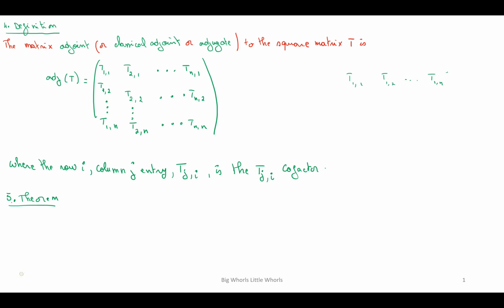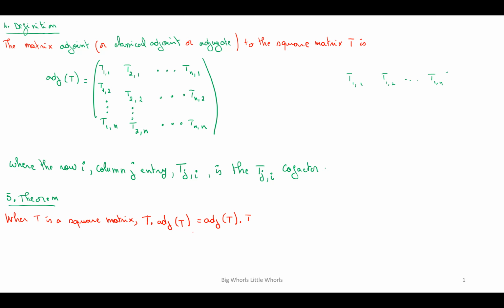So the theorem says the following: where T is a square matrix, then T multiplied by the adjoint of T is equal to the adjoint of T multiplied by T. So that means it is commutative.